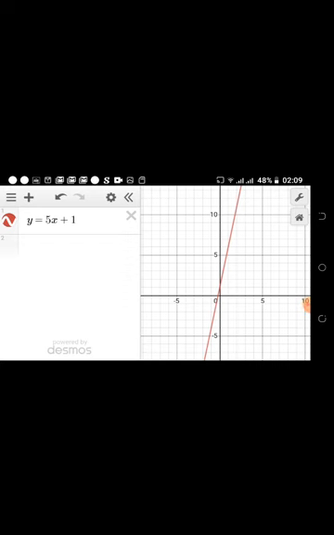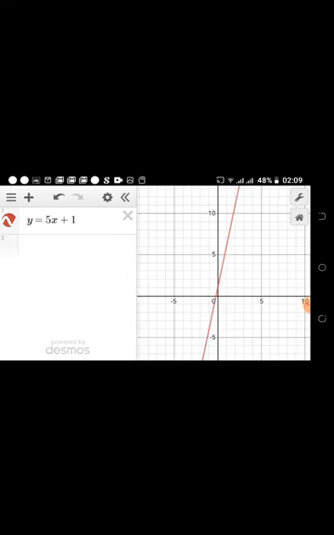Which means that this graph says that the gradient of this, what is the gradient? It is the coefficient. Once you look at a straight line equation and you see that the coefficient of y is 1, that is, no other number is with y, you then take the coefficient of x, any number that is there.